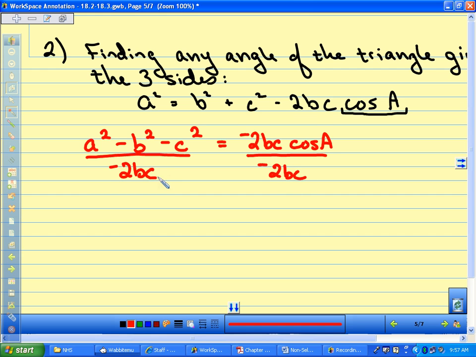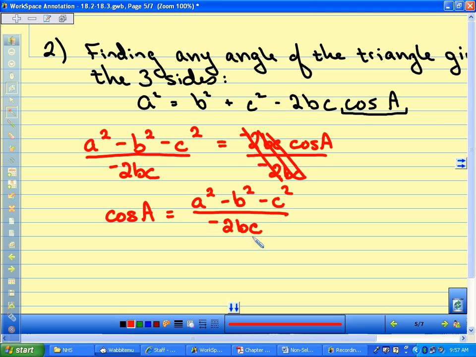I'm going to divide both sides by negative 2bc. So over here, the negative 2's, the b's, and the c's cancel out, leaving me only with cosine of angle A being equal to a squared minus b squared minus c squared divided by negative 2bc.